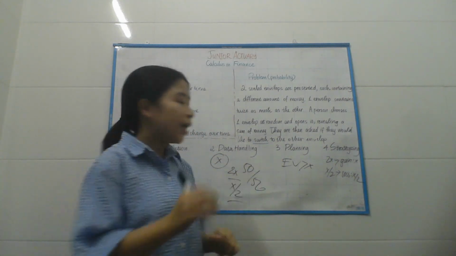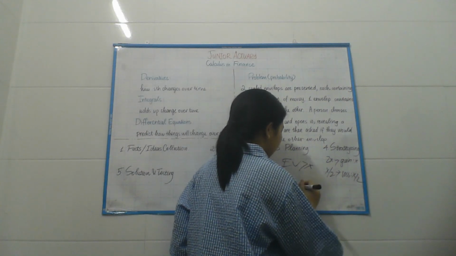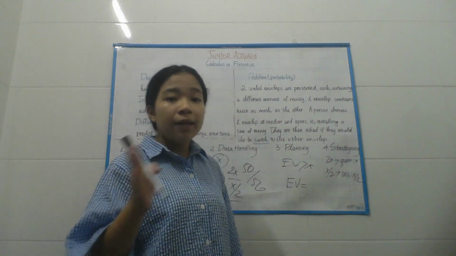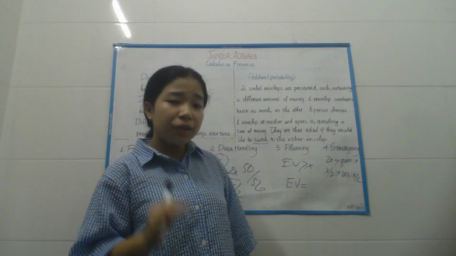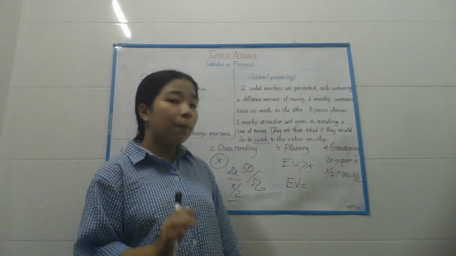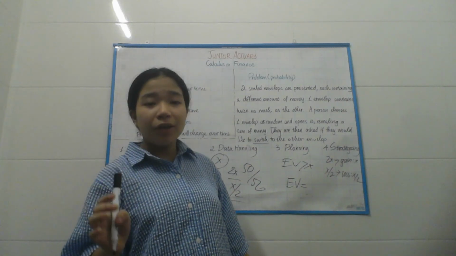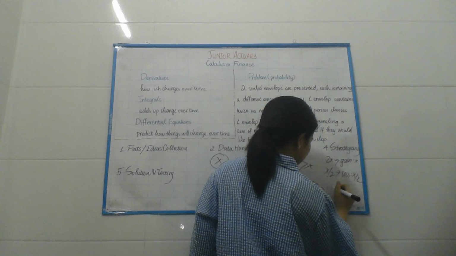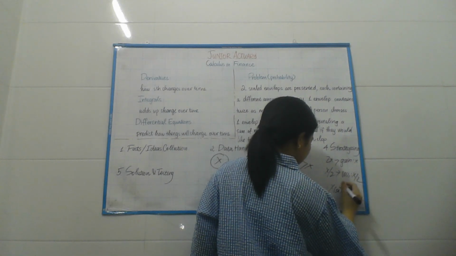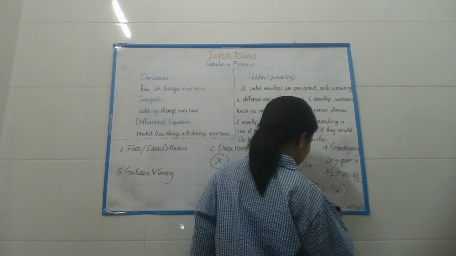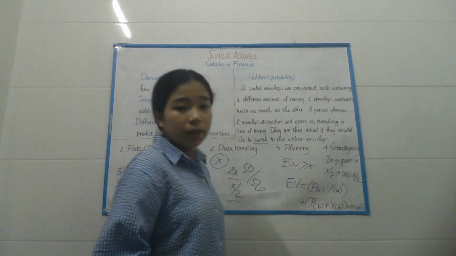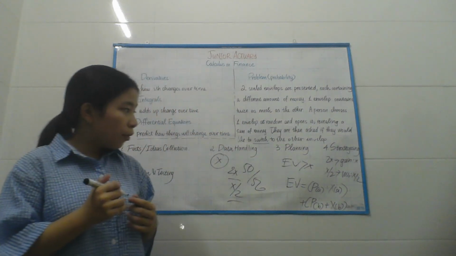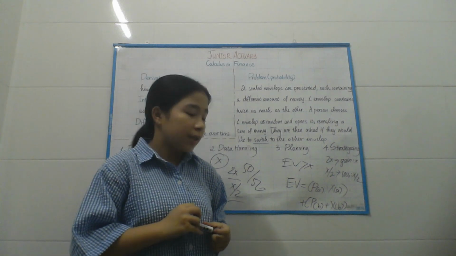First, in words, the expected value equals the probability of the good outcome times the amount earned in the good outcome, plus the probability of the bad outcome times the amount lost in the bad outcome. Okay, so that's how I strategize.